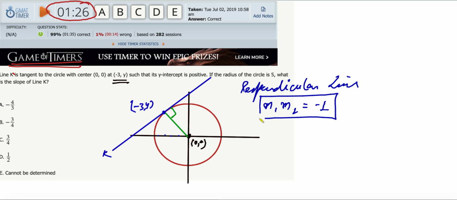Here the good thing is, we can find the slope of this green line, joining the point of tangency with the center, if we can find the y coordinate of the point of intersection. So now this is my problem.